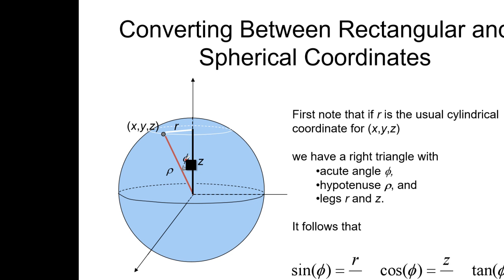Then sin phi will be r by rho, cos phi will be z by rho, and tan phi will be r by z.